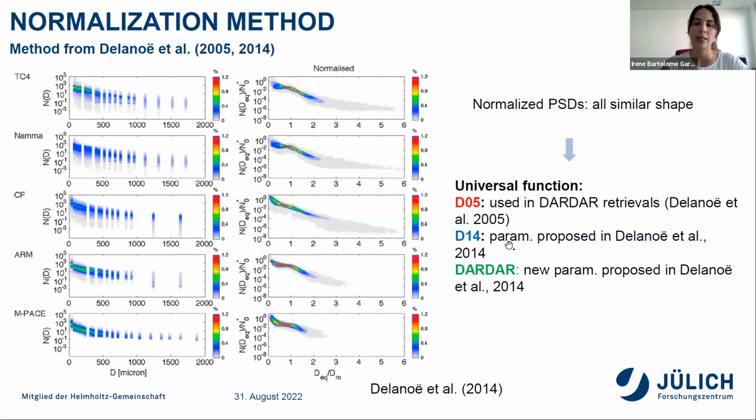And then there are the D14 and DARDAR, which are from the latest study from 2014, where the difference with the previous one is that here they use this cost function to obtain the best alpha and beta. And the difference between the D14 and the new DARDAR is the mass dimension relation that they use. So please keep in mind these 3 parametrizations, because I will come back to them later.